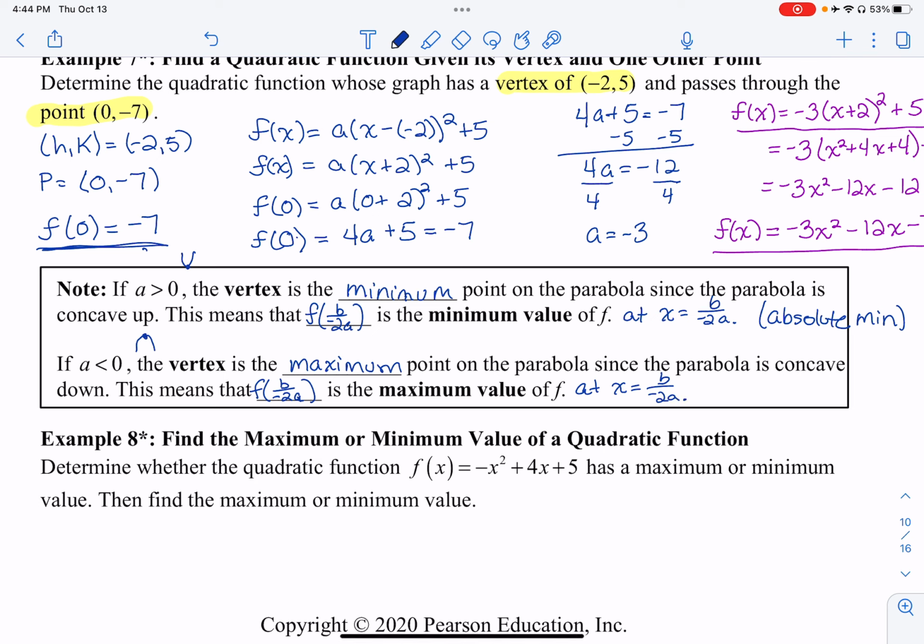Similarly here, this is an absolute max for that particular function or parabola.